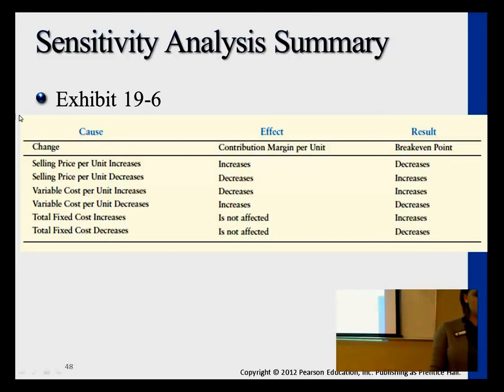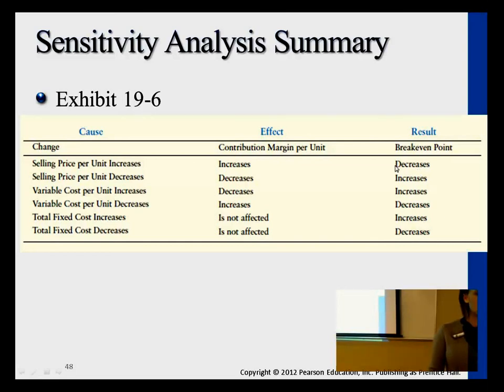If we have a change in sales price per unit, if the price goes up, the contribution margin per unit is also going to go up. But the break-even point is going to decrease. All right? And it's the opposite effect. When the price is decreasing, it's going to decrease the contribution margin per unit, and it will increase the break-even point.